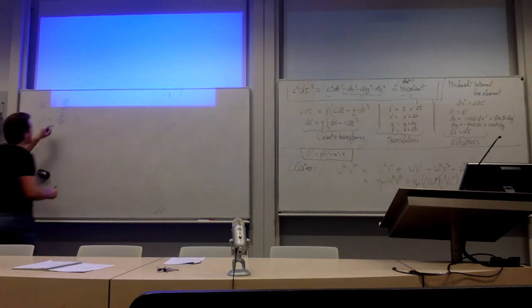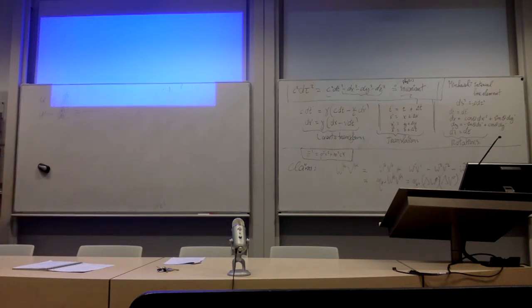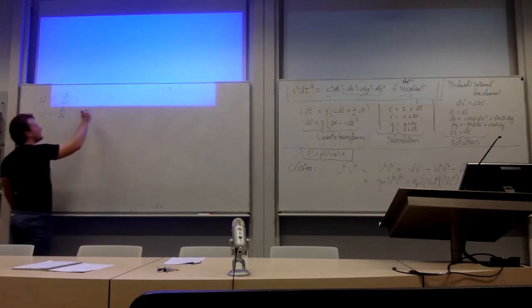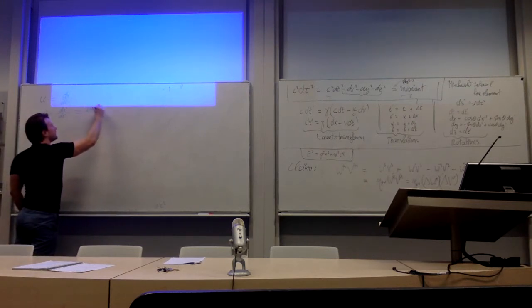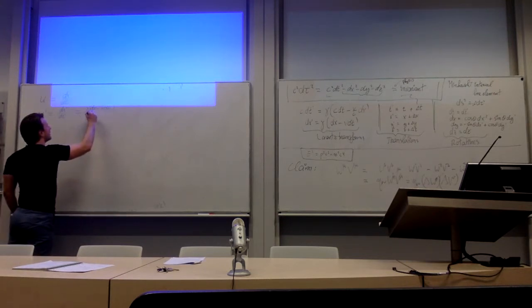But that's fine. I know how to write my dx primed in terms of my dx's. In fact, we can do this for the numerator and the denominator. So what is the numerator here? Gamma times dx minus v dt. Yes? And the denominator? Then you have to divide by c. Yeah, that's true. So there's a 1 over c there, right?